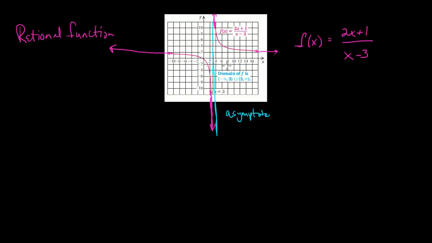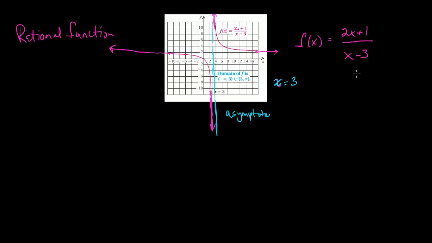Why does it not cross the asymptote of x is equal to 3? Actually, let me write that in the same color. The asymptote is x is equal to 3. Let's take another look at the function, and we will see how that works.